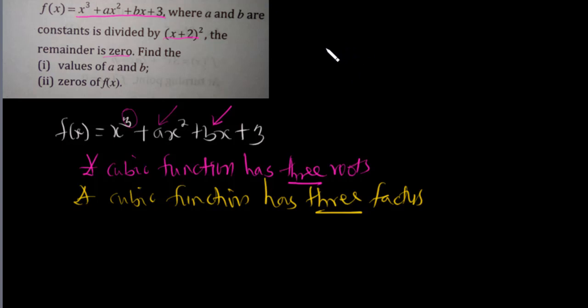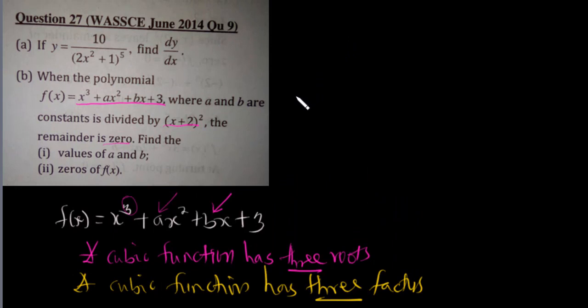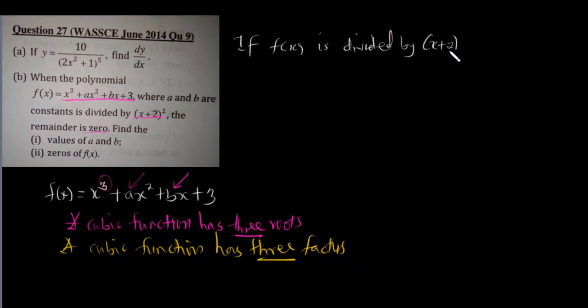First, we are told that when the function f of x is divided by (x plus 2) raised to the power 2, there is no remainder. So that means that (x plus 2) raised to the power 2 is a factor of the function. Let me also capture that here. We are told that if f of x is divided by a quadratic, that is (x plus 2) raised to the power 2, the remainder is 0.